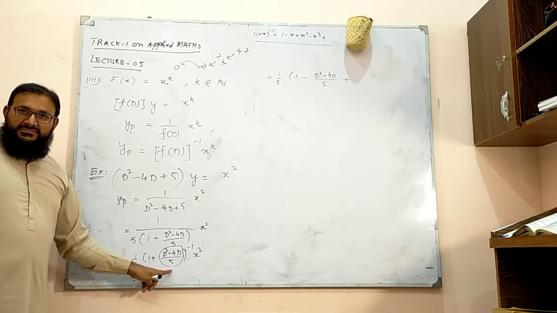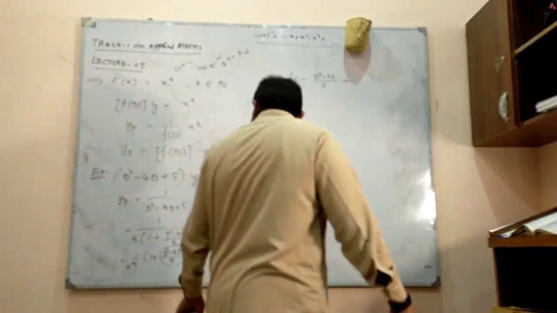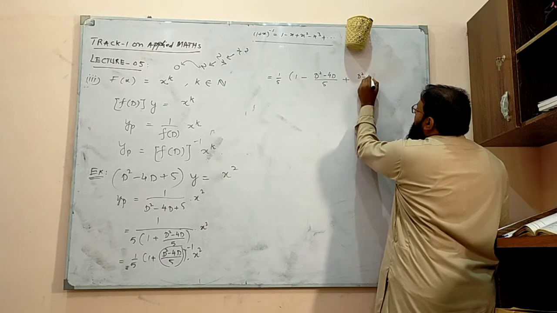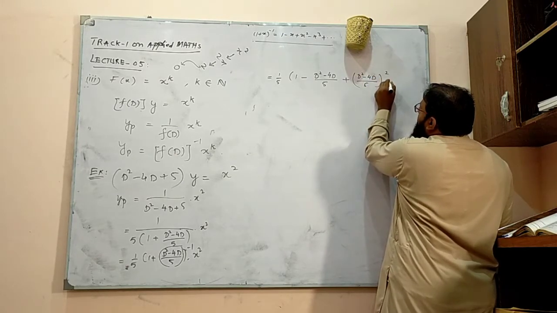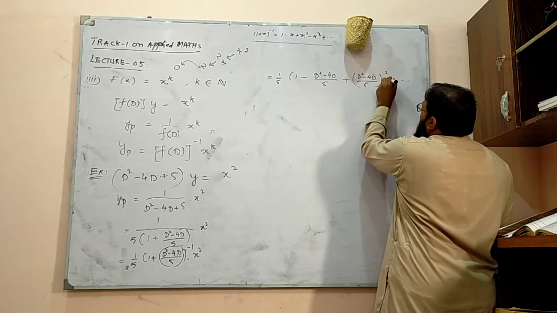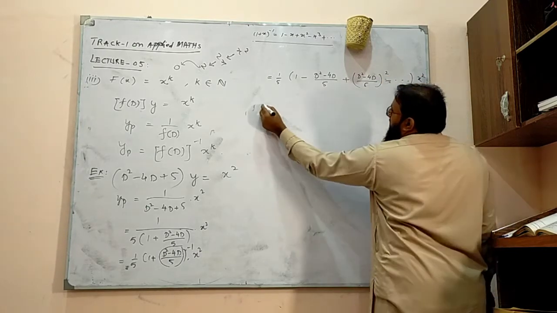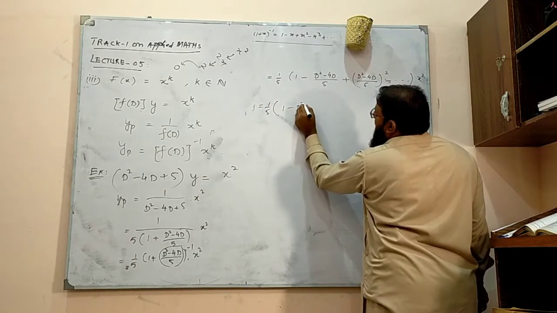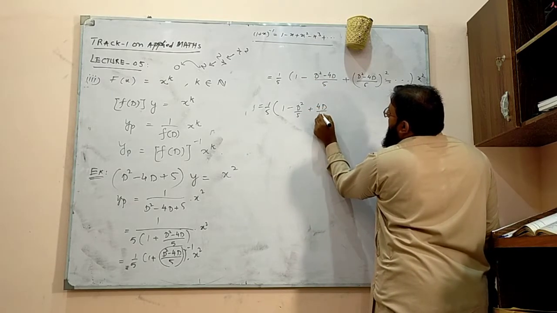Yes, the last one. So 16 d square, minus 4d over 5 whole square, and I am going to neglect the remaining terms, times x square. So 1 over 5, 1 minus d square over 5 minus into minus plus 4d over 5 plus.